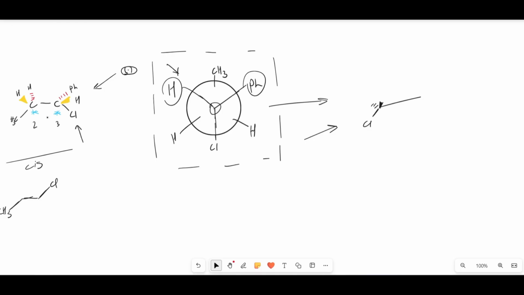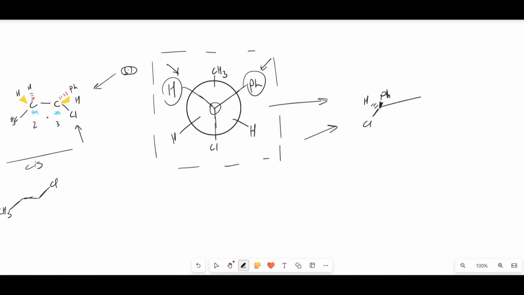Your phenyl right here should be facing the right side, right? And the right side would be the upward bond, and the left side should be your hydrogen.